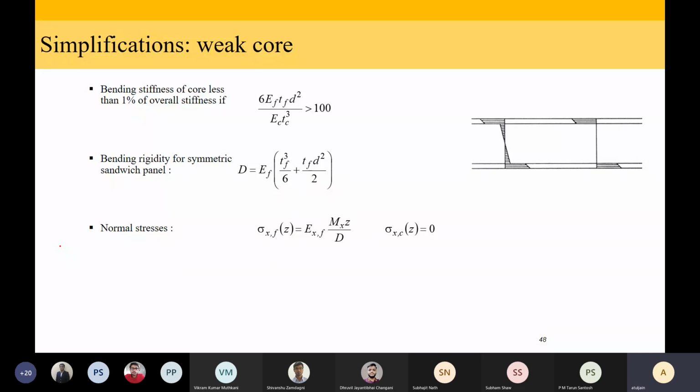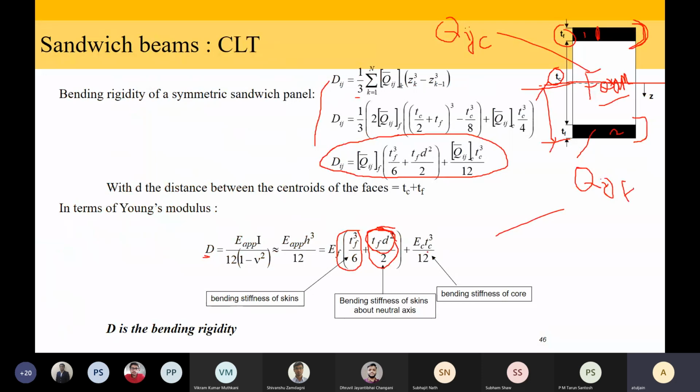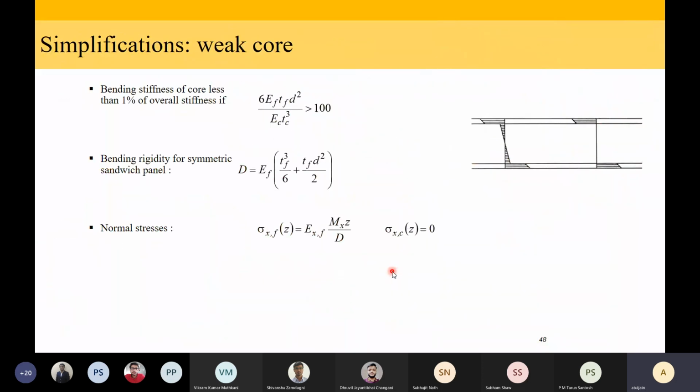I can call the core weak if this term Ec Tc cubed by 12 is less than 1% of this first term, Ef Tf cubed by 6 plus Tf d squared by 2. When that happens, I will say that my core is weak.